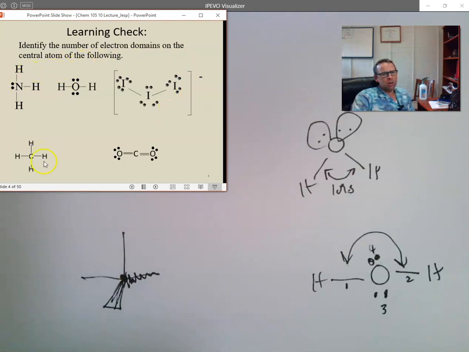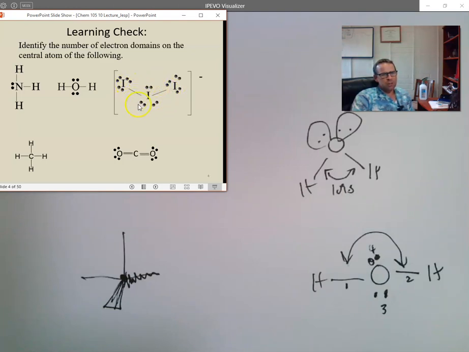I think that we could do all of these. I think we have actually done all these 3. But here's one on the top right. Emily Eddington, can you tell me how many regions of electron density are around the central atom here? We have 1 region here, 2 regions there, 3 there, but then we have to count these ones as well, 4 and then 5.